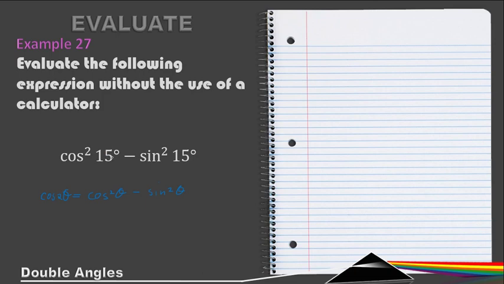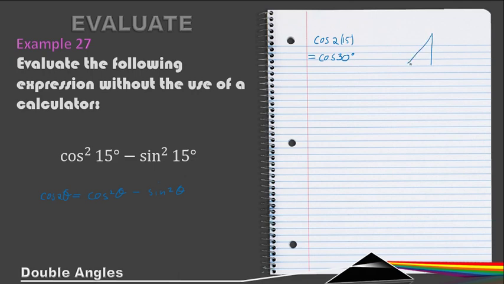Now if I treat 15 as theta and just replace it, I see this is then equal to cos 2 times 15, where in place of theta we now have 15, and this is then equal to cos 30 degrees, where 30 is a special angle, so I can calculate that without the use of my calculator.